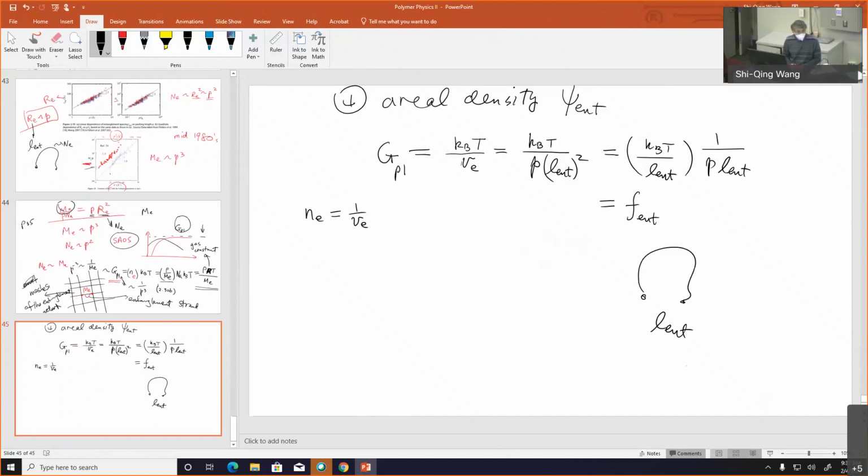And if you recall, the other quantity is an area density, such that our modulus is written as if we're dealing with stress, which is how many chains per unit area, each chain contributing how much force.